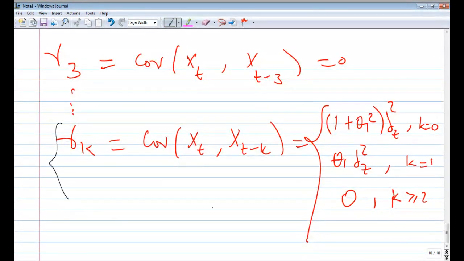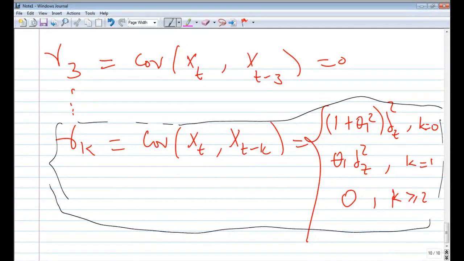Now, this is the autocovariance function. This is what we've been looking for. It's the autocovariance function of moving average of order 1, which is equal to 1 plus theta 1 squared multiplied by sigma squared z for k equal to 0, theta 1 sigma squared z for k equal to 1, and 0 otherwise.